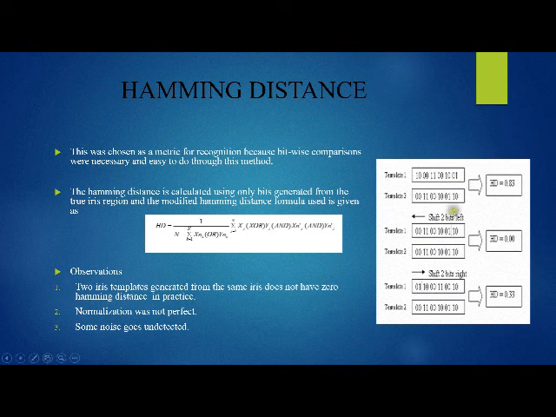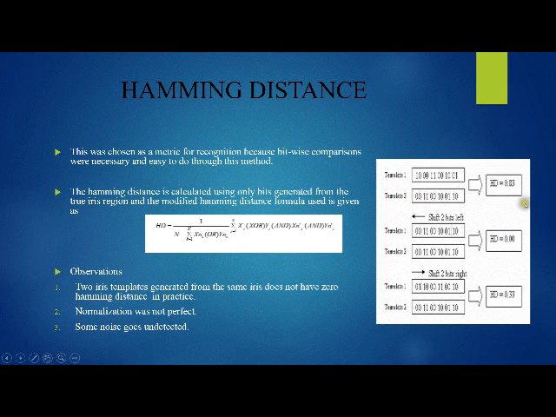So here the templates are first ANDed with their noise masks, that are x of nk and y of nk, and then a bitwise XOR operator is employed, and the two iris templates are compared.